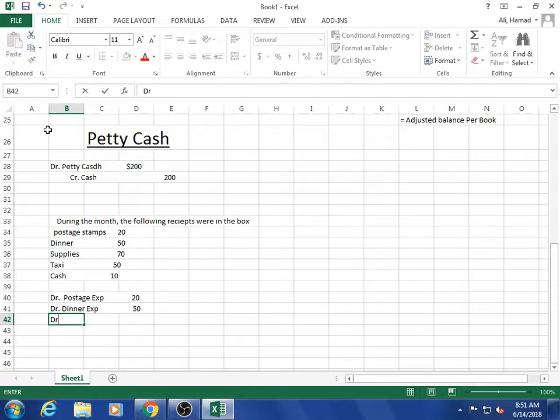We're going to debit supplies expense for $70, and we're going to debit transportation expense for $50. So how much should we bring over from the main cash account?